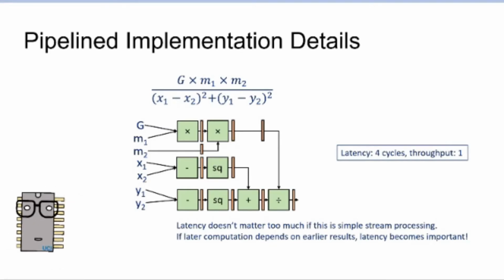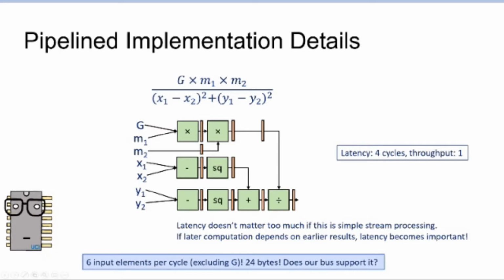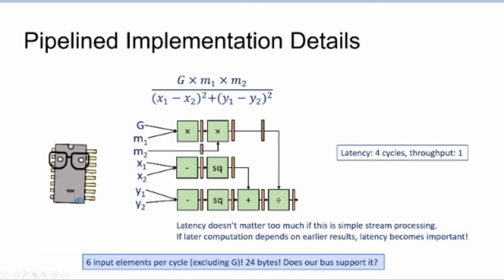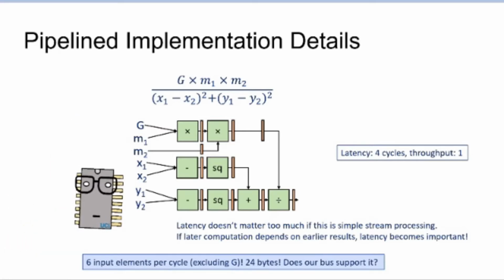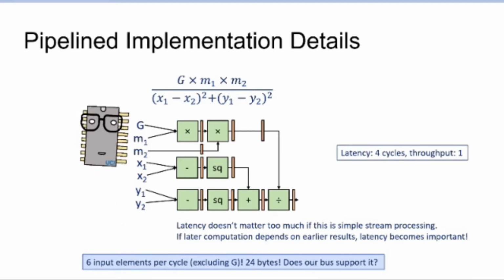Another interesting question to ask, especially if we start dealing with actual real-world implementations on chips, is this: right now, this pipeline is receiving 6 input elements, 6 numbers per cycle, excluding G, because G is just a gravitational constant.